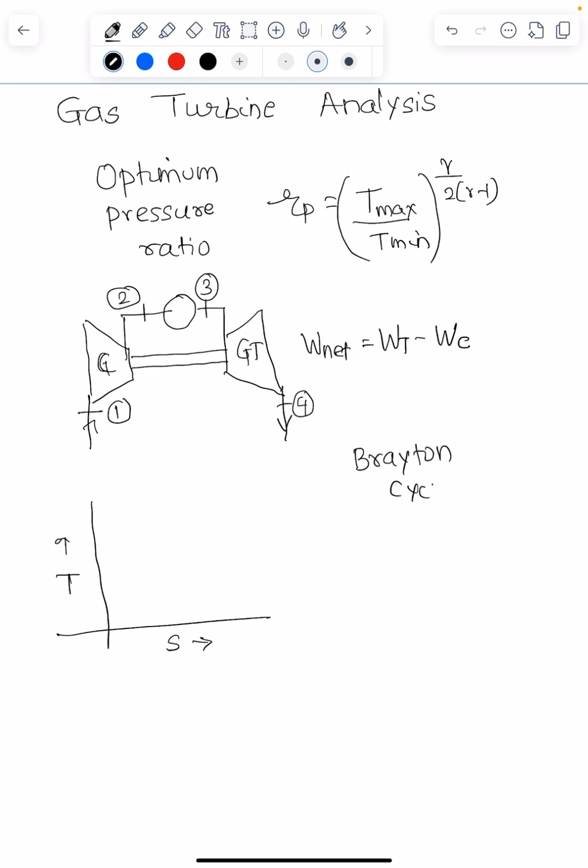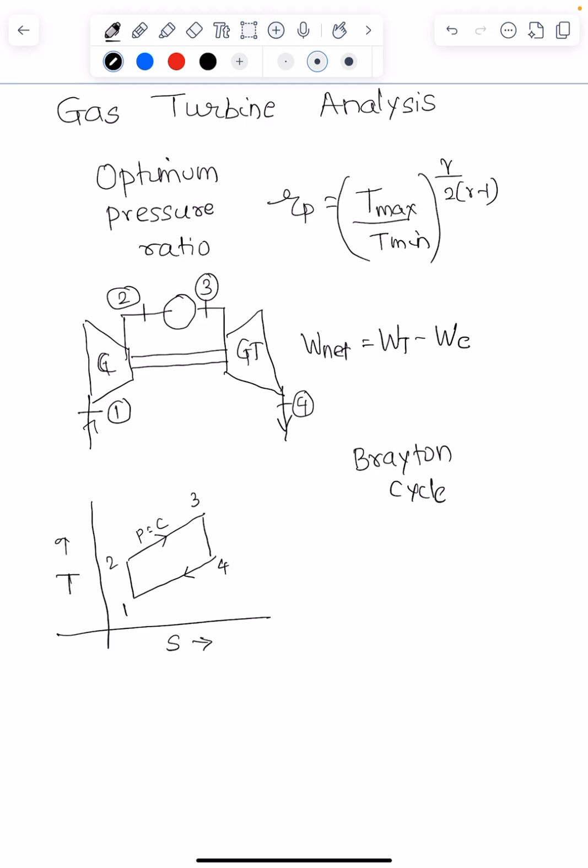Its representation is pretty simple. We have a compression from 1 to 2, which is isentropic. Then there is a heat addition, which is at constant pressure. Then there is an expansion, which is again isentropic. And then there is a heat rejection, which is again at constant pressure.